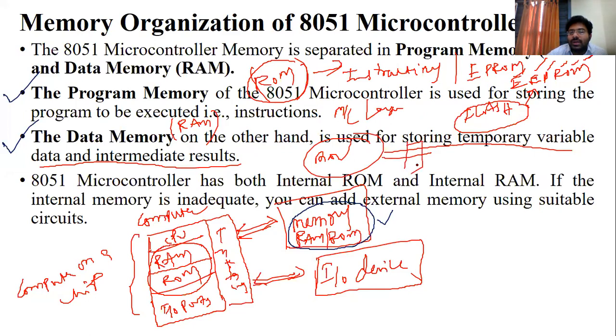The assembler converts the assembly language program to machine-level language in the form of 1s and 0s. These codes are stored in the program memory, ROM.